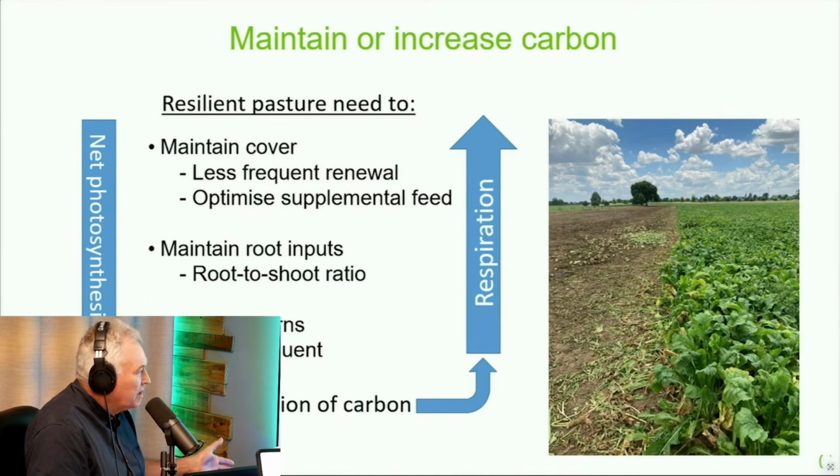Absolutely prepare and keep the chemicals out of it. Don't, because we've seen what happens. You saw it with the regrassing and the maize. There's a direct result of crashing your soil fertility. So keep away from the chemicals. Get smart about it. Maintain the roots.